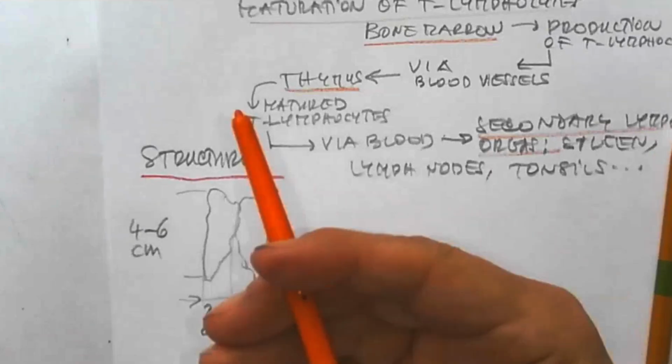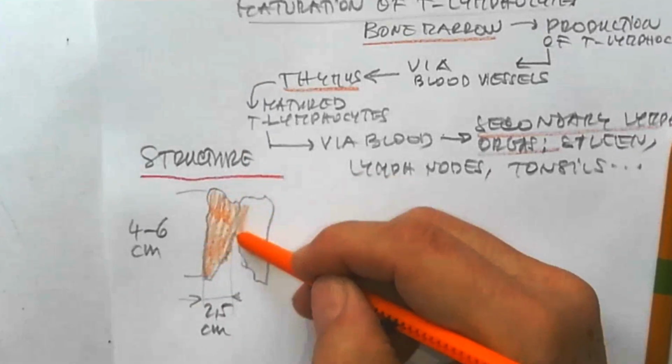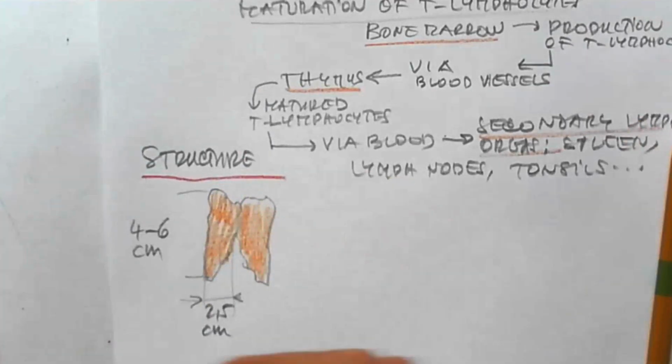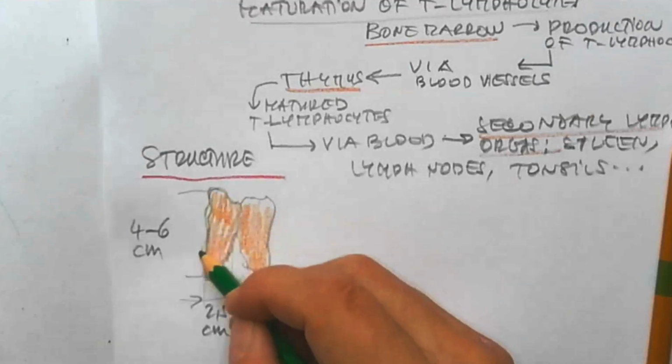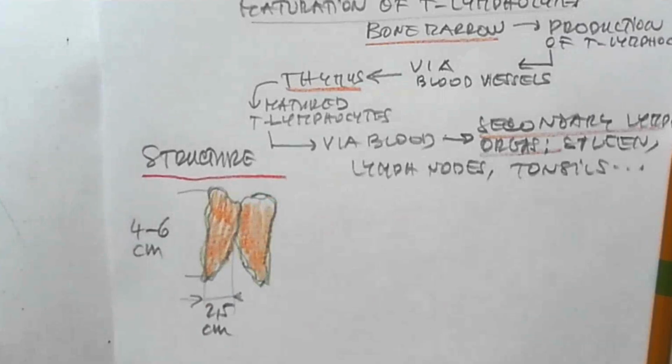Color preferably could be light orange, as we see. It has also its own capsules like in the sketch. Yes, capsule.